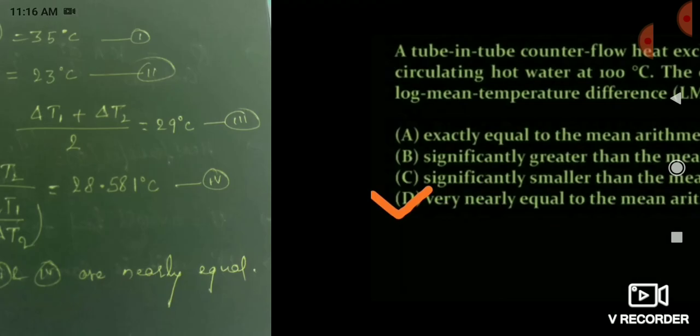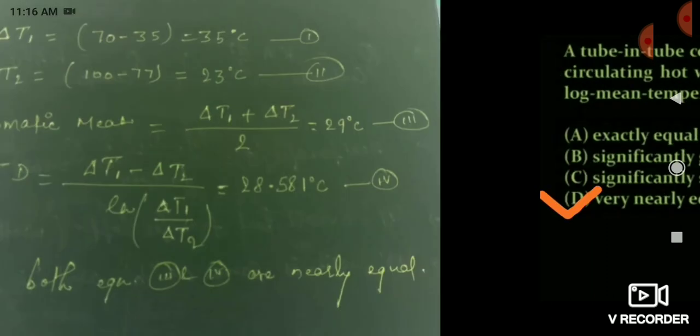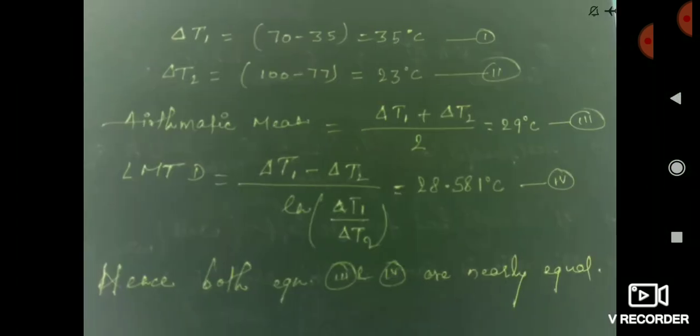So you see here it is asking two terms, means logarithmic mean temperature difference, means LMTD, and it is saying arithmetic mean temperature difference. Friends, first thing you should calculate is delta T1 and delta T2. I think I have told you in the previous session of this lecture how to calculate the delta T1 and delta T2 values, and easily you can calculate that way.